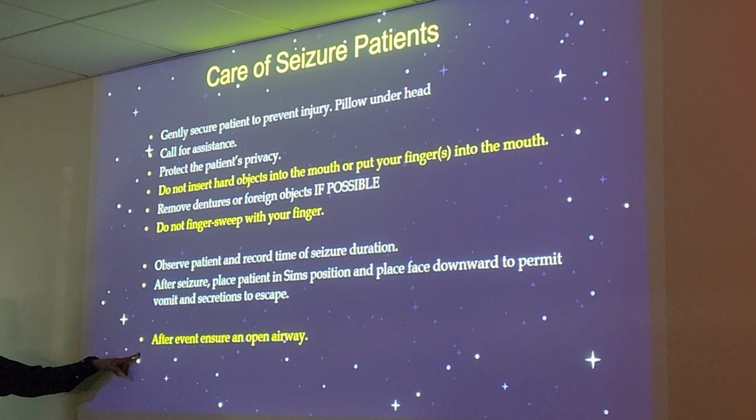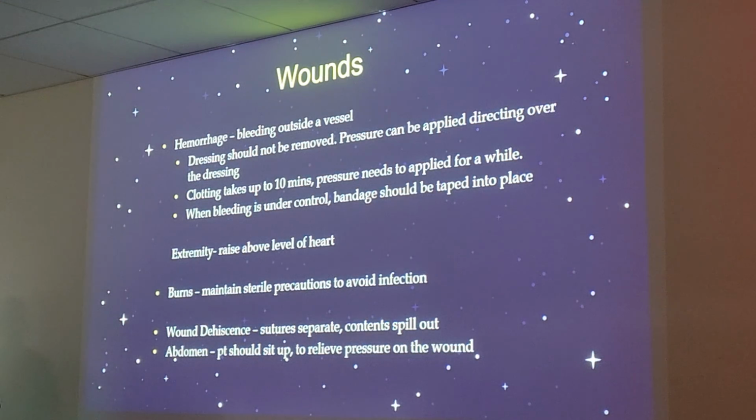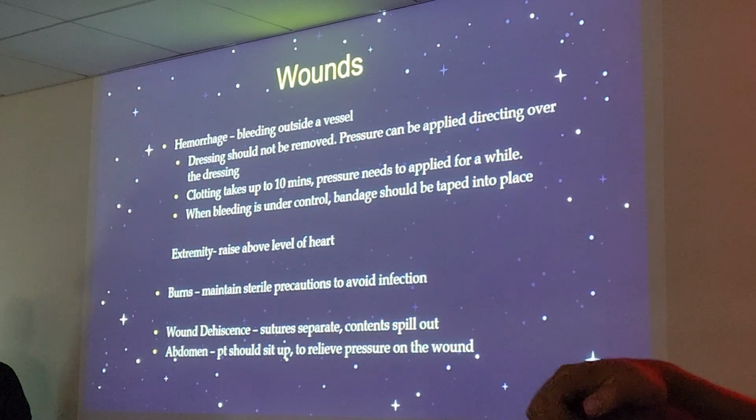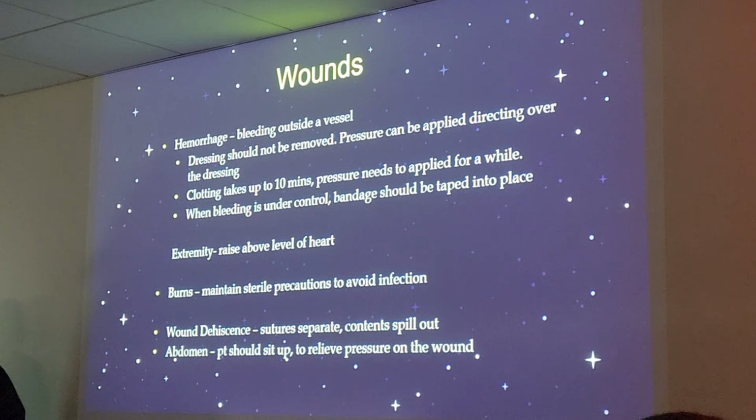And then after the event, make sure the patient's able to breathe. How do we ensure an open airway? Tilt that chin up. Yep. Alright, second last one. Is it possible for a person who's seizing to go into cardiac arrest? Like, how would you do CPR and things of that nature?